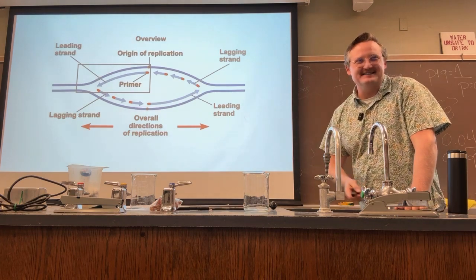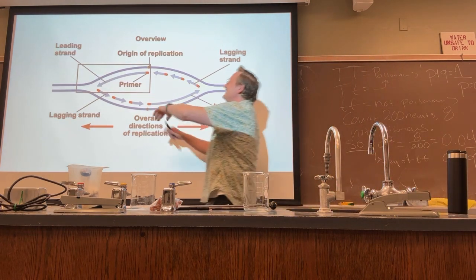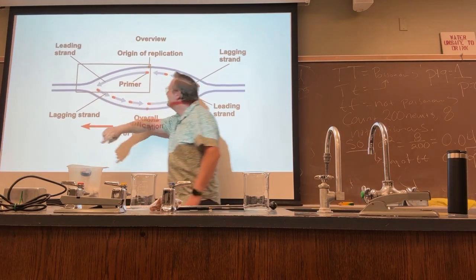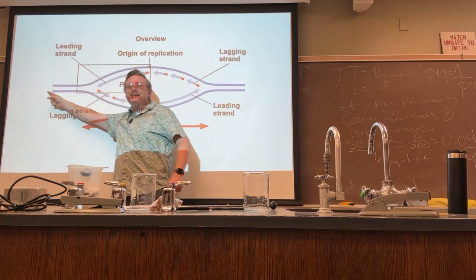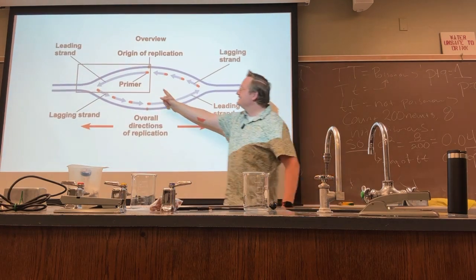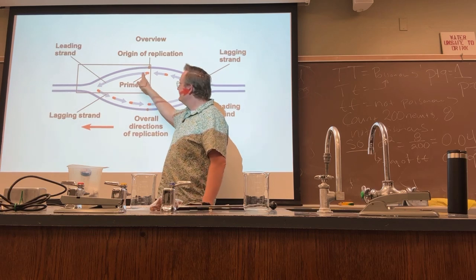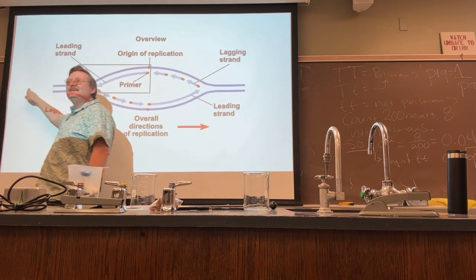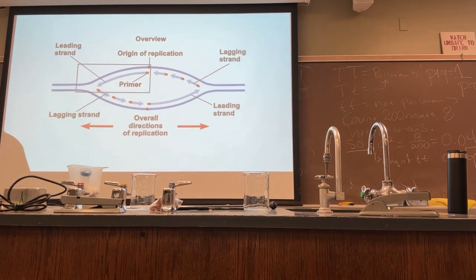Leading, lagging strands. So DNA separation occurs here, right? It's going to continue unzipping in both of these directions, okay? That means that this strand of DNA is growing in the same direction that the DNA is being separated in, so it can be synthesized continuously.